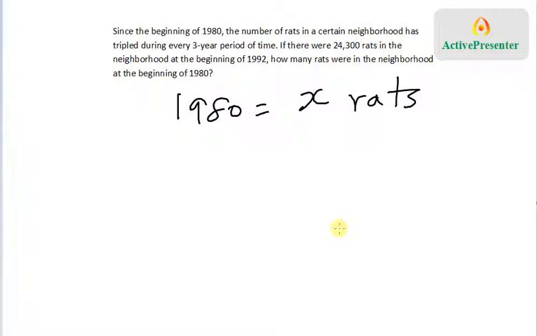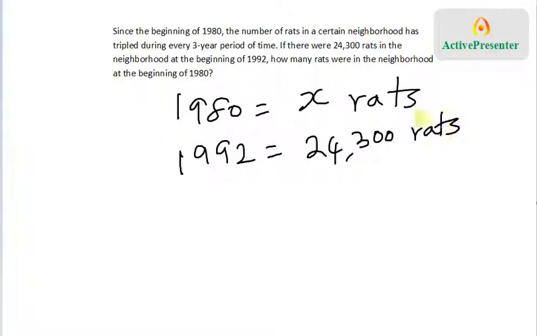So in 1980 there are X number of rats. In 1992 there are 24,300 rats. Our job is to find out what this X is.